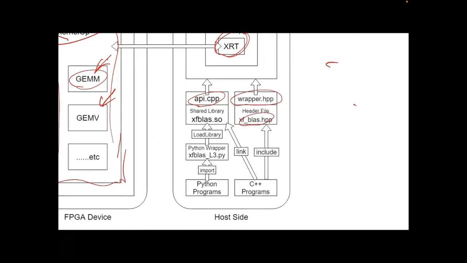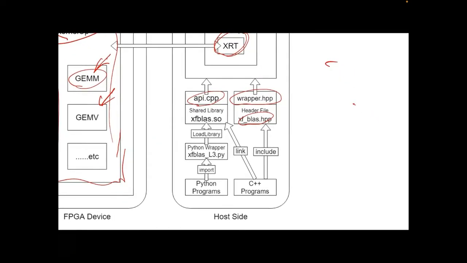The Wrapper.hpp is further included by typeflux.hpp, which is the main header file of the whole library. So if you want to write a C++ program, you can either include the source code of the entire typeflux host-side programs, or you can link a precompiled shared library, typeflux.so.